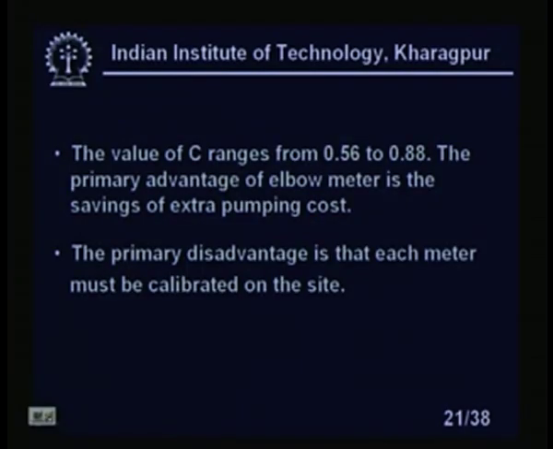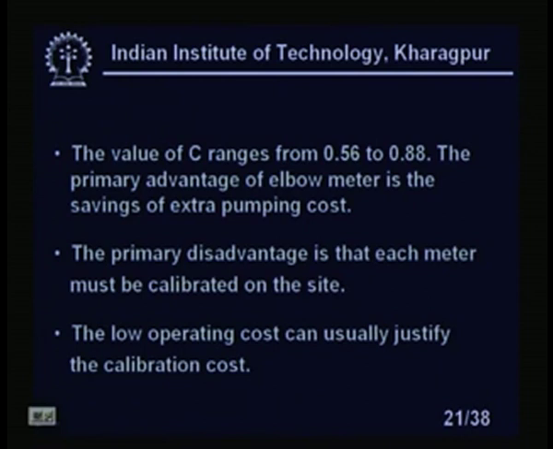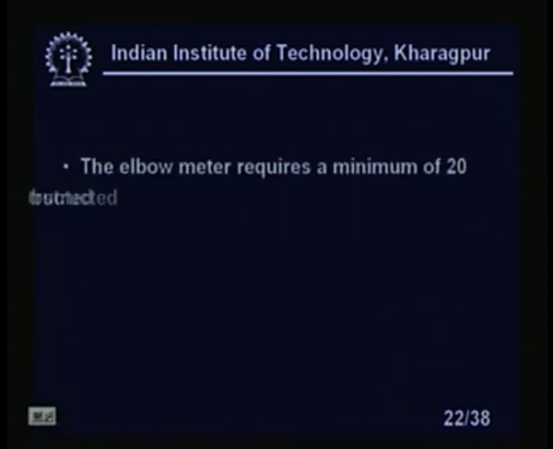Though we can calibrate thermocouples in the laboratory, it is better to calibrate at the site itself. The primary disadvantage is that each meter must be calibrated on the site, right. The low operating cost can usually justify the calibration cost.